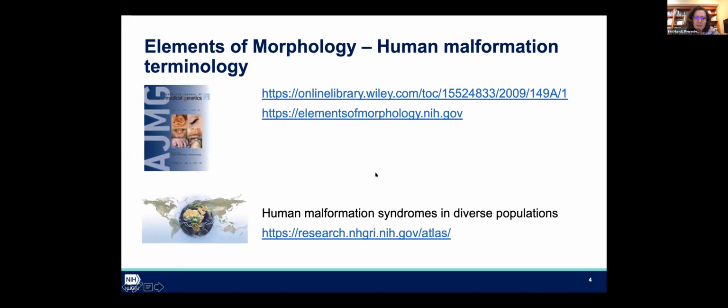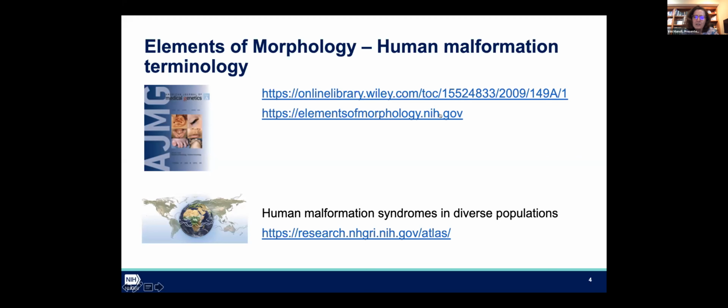I definitely hope that these Elements of Morphology are uploaded to the team's website or the fellows' resources, because I always go back to this current description of proper terms to use for describing all of the dysmorphic findings for the clinical genetics exam. I still have to go back and look at how to call the ear shape and the nasal shape or the limb anomaly. It's an amazing resource.